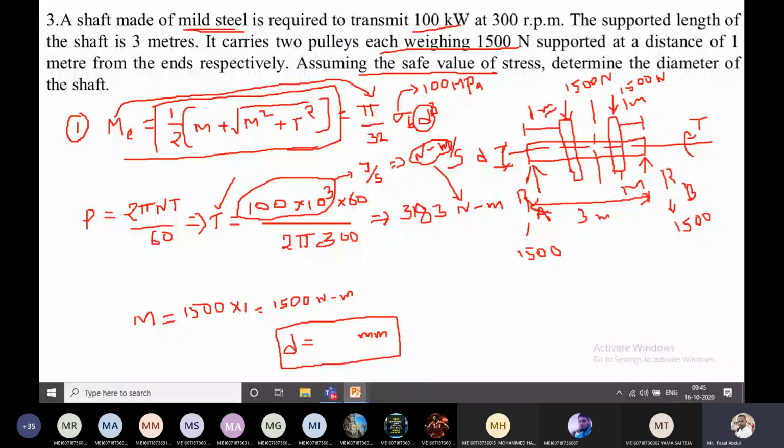Okay, make it fast. You are taking so much time. It is a simple application. Everything I wrote on the screen, you only need to substitute the values. What is the D value?